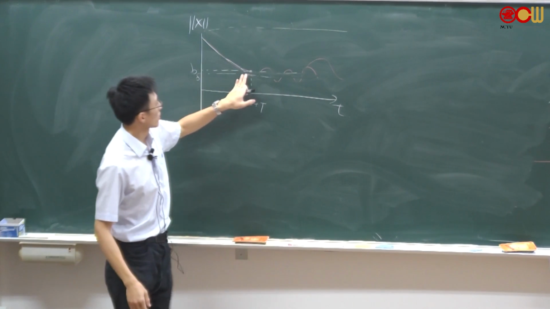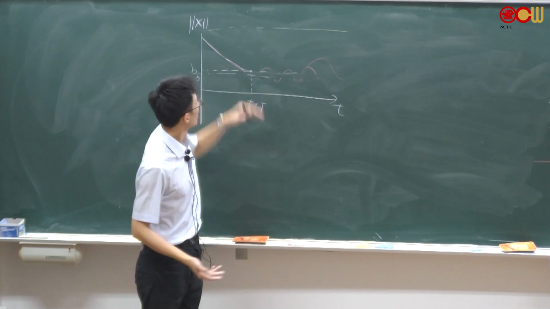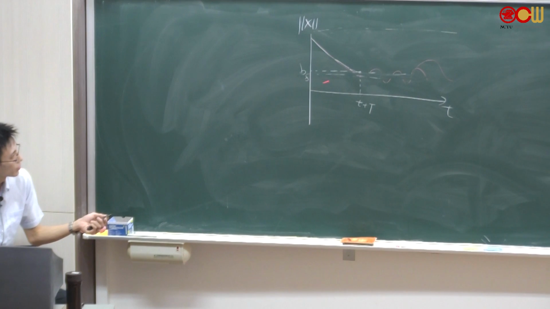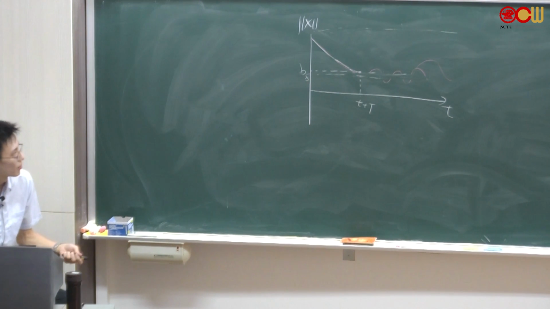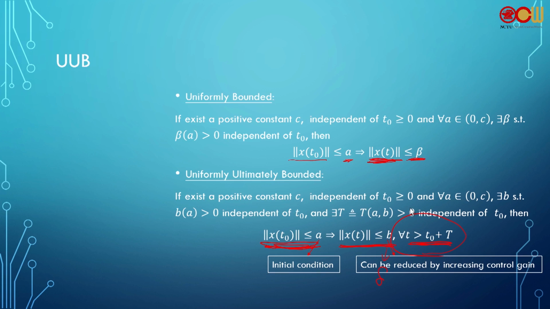But for uniformly bounded, it can go up to some predefined bound but remain bounded by some larger bound. This UUB bound is usually caused by some disturbance or unmodeled dynamics. So if you select a larger control gain, you can reduce this UUB bound.